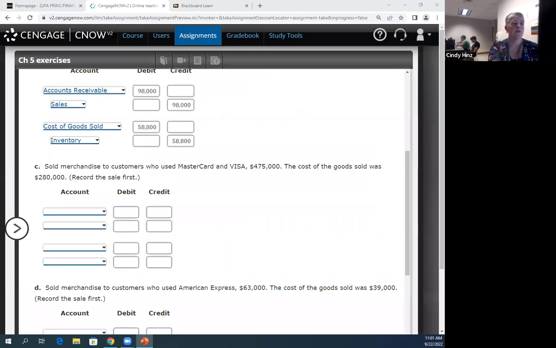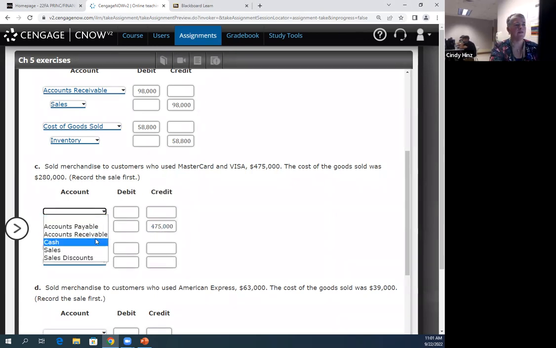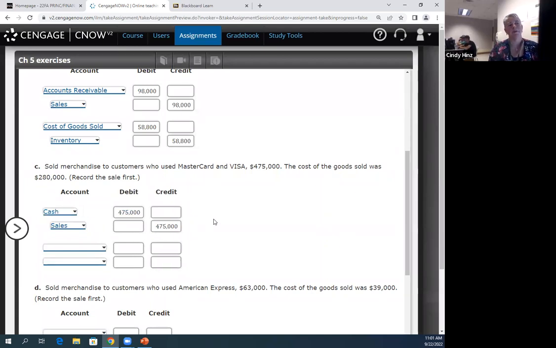So in letter C, we sold merchandise to customers who used MasterCard and Visa. So the credit side is going to be for the sale or the revenue amount. And the debit side, because we are going to receive that cash almost immediately, we can record this as a cash sale.